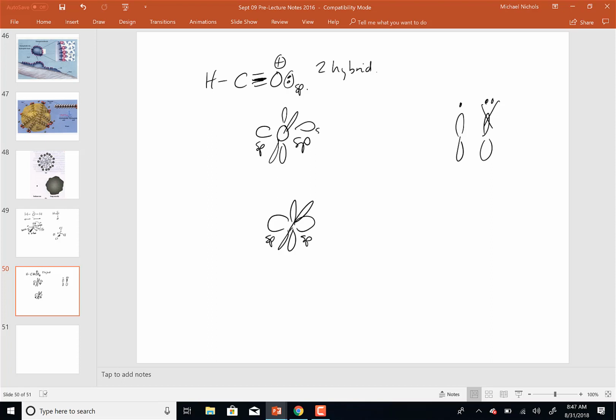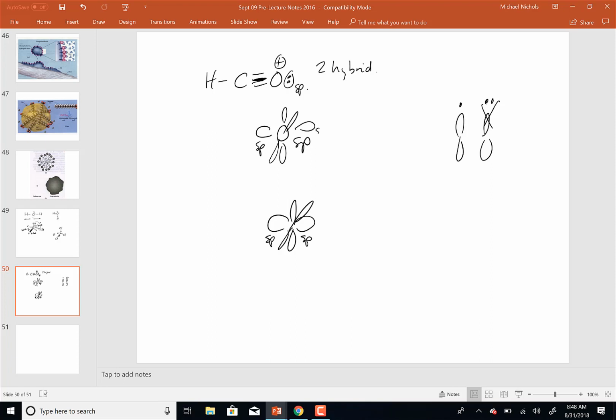What's different is each element has a different number of electrons that I'm going to put around that shell. So how many electrons are in that oxygen? How many electrons are in that oxygen plus? Because that's what it is. Take one away. 5. So there's 5 electrons in that oxygen plus.